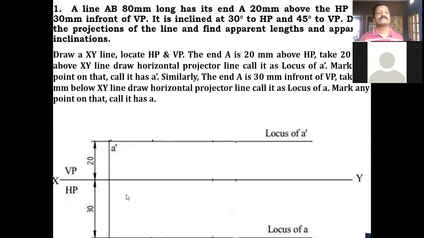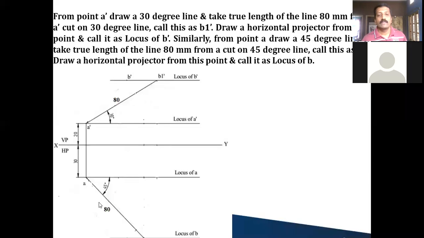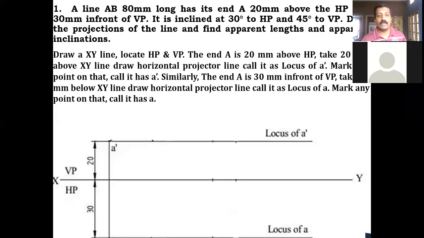Okay. Next, coming to the other one, 30 millimeter in front of VP. In front of VP means it should come below XY line. You take 30 millimeter below XY line and draw one horizontal projector line and call this the locus of A in the top view.